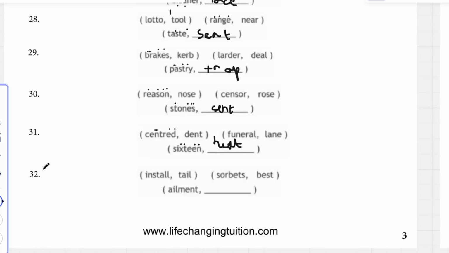And then 32, we have tail, so in the middle that's 4, 5, so 4, 5, M-E, number 1 is A, and then L is, which one do we have to use? Sorbets. Makes sense if we use that middle best. And then the second last letter. Second last letter is mean, so it has to be mean.